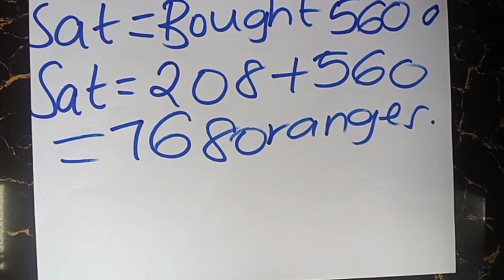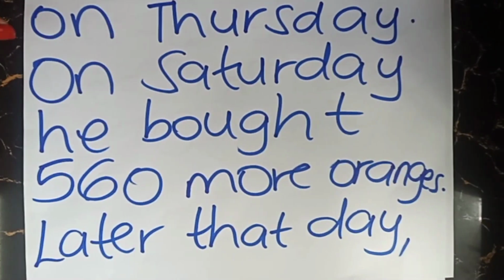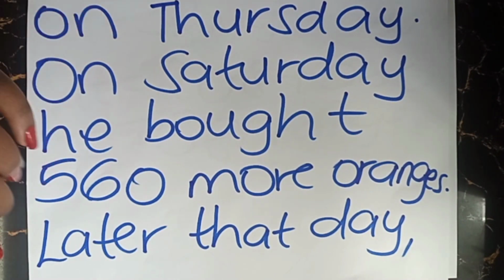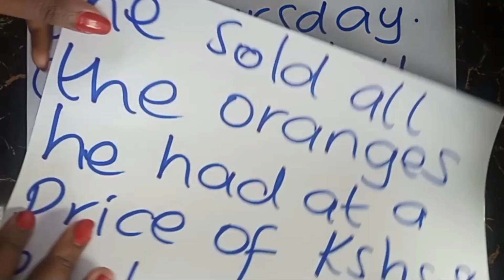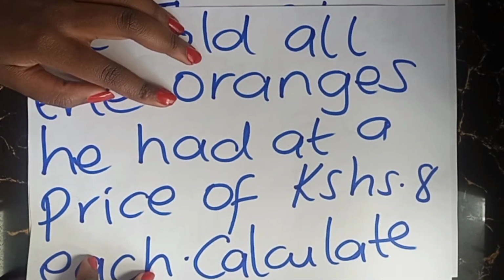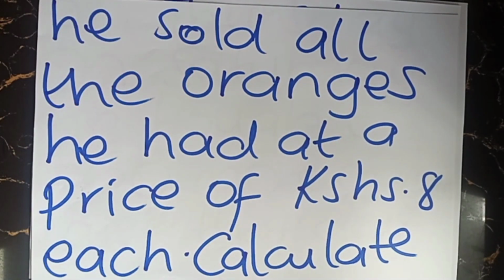Okay? Yes. So we've also been told that later that day he sold all the oranges he had at a price of 8 Kenya shillings each. Are we together? Yes.